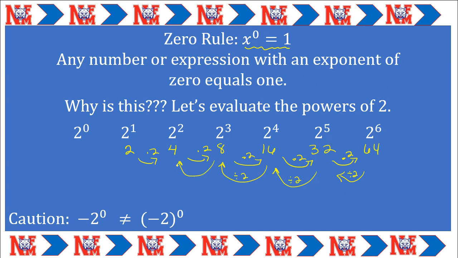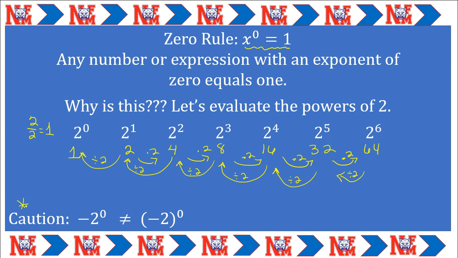And 8 divided by 2 gives me 4. 4 divided by 2 gives me 2. And 2 divided by 2 gives me 1. So really, when you're looking at an expression that has a power of 0, if we were to quote unquote expand, you are simply dividing it by itself. So that's how we get 1.